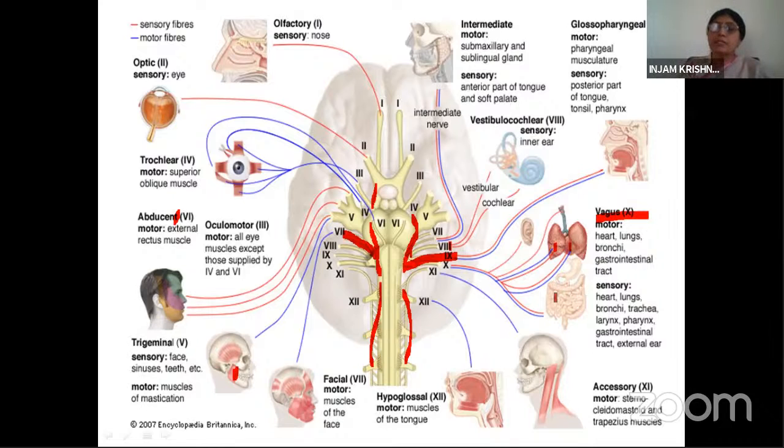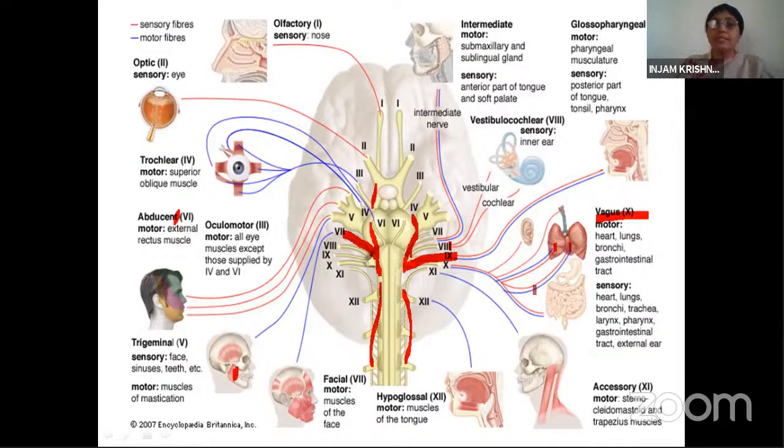These are the parts to arise motor nerves and reach the medulla oblongata. And what are the sensory parts? The sensory nerves arise from the medulla oblongata and reach the same parts: heart, lungs, bronchi, trachea, larynx, pharynx, and GIT, and then the external ear also.